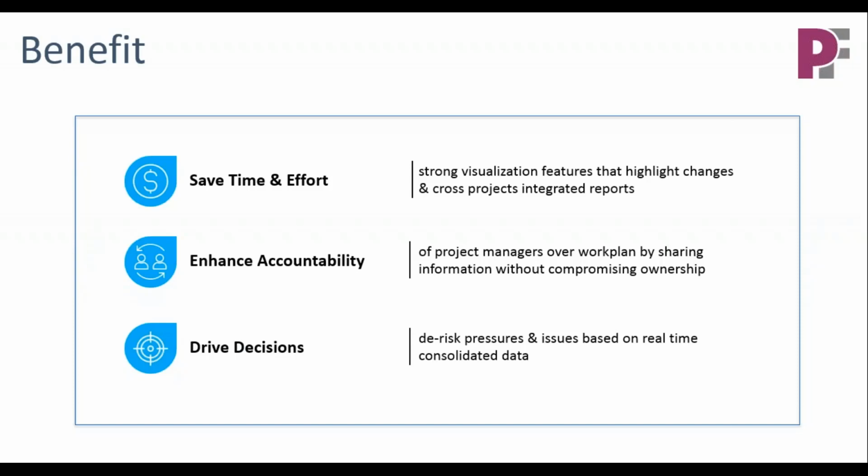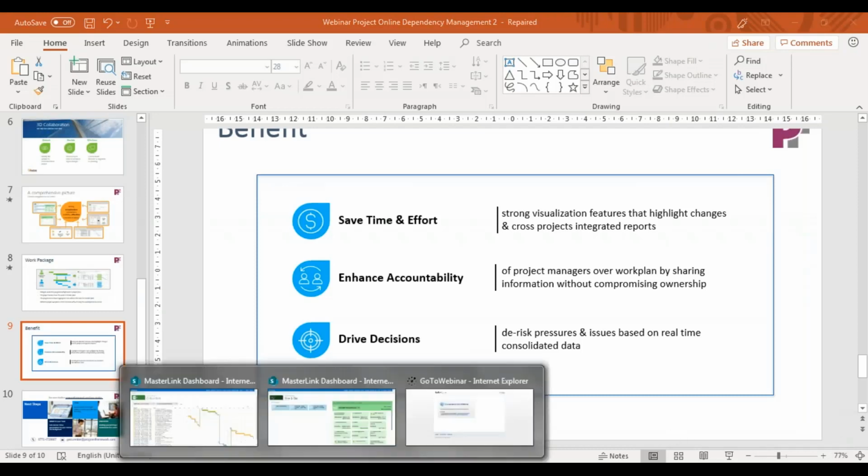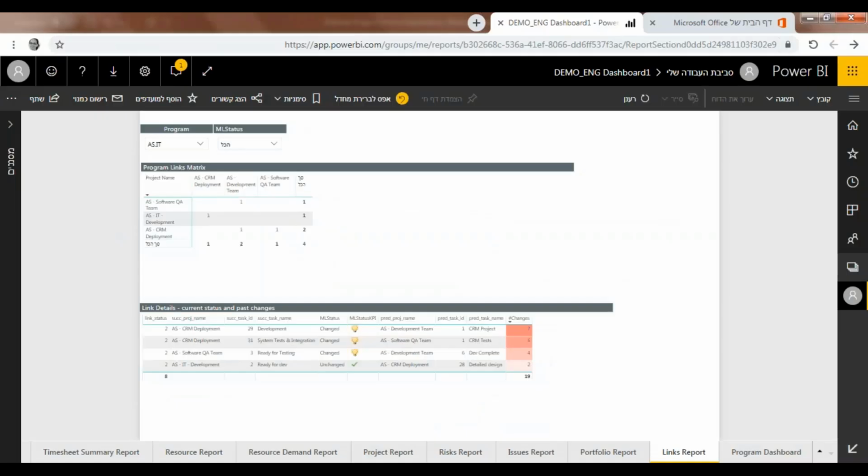I think one thing that you mentioned about using MasterLink for creating reports, I can quickly show an example using Power BI. This is an example of a dashboard where we did exactly as you've described.